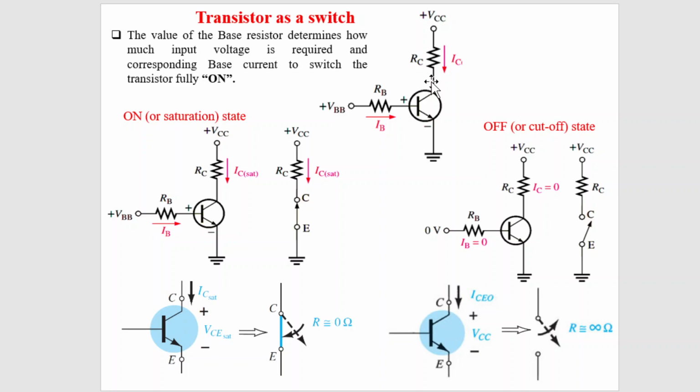If you make a terminal here and measure the voltage, you will get 0 volt. So depending upon where you are measuring the voltage, at the collector terminal here or here, when the transistor is on, whatever input signal you are applying will be inverted. So let us try to see an example.